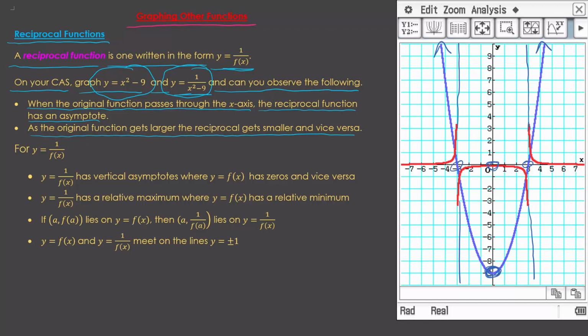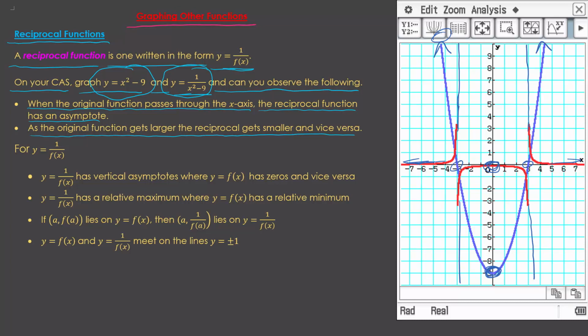Now, when we have the minimum here at -9, the reciprocal graph will take the value -1/9. And then when we have these very big values out here, the 1 divided by that tends to 0.